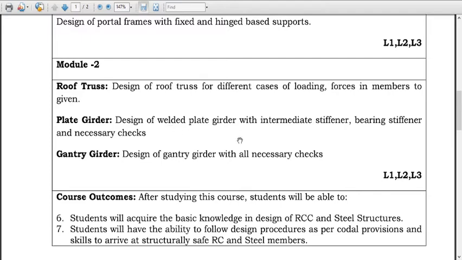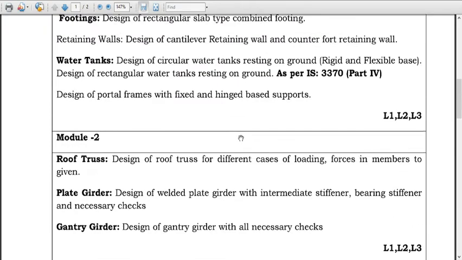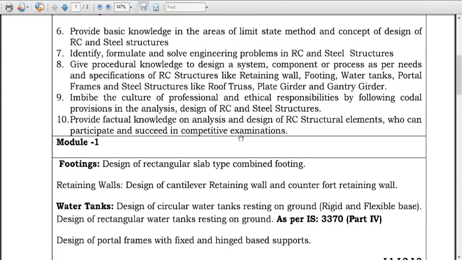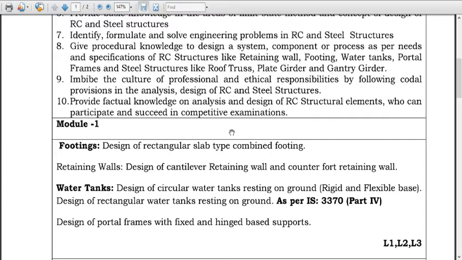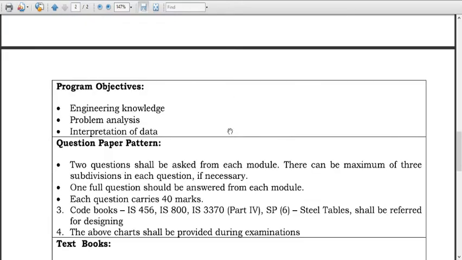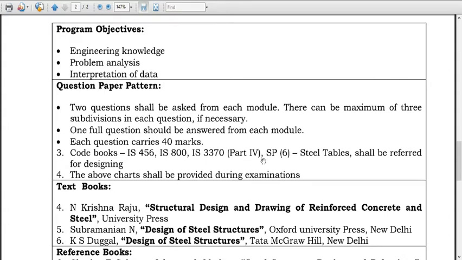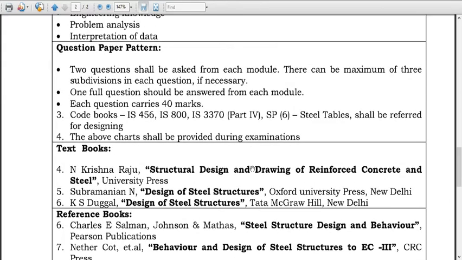This is the continuation of it. So I request you to go through IS 800 2007, SP6 and the steel tables.